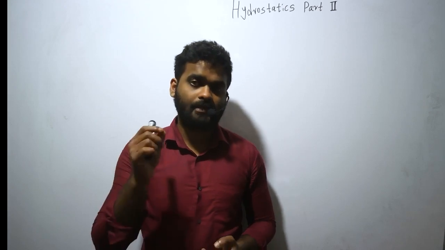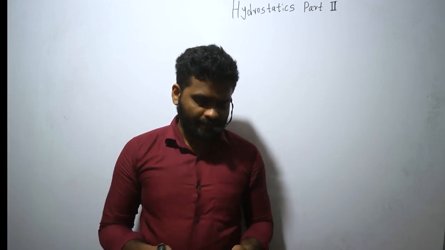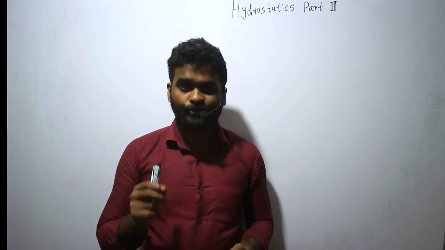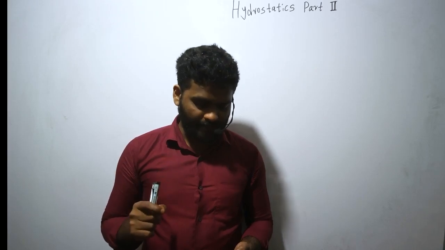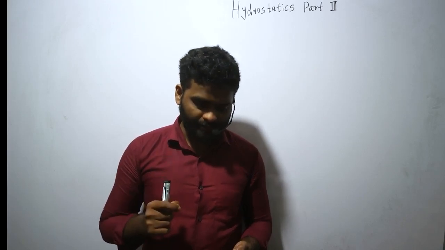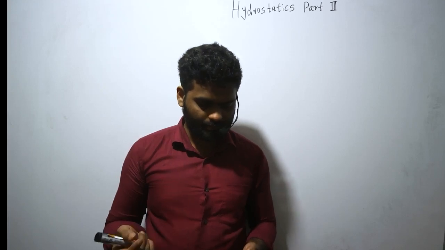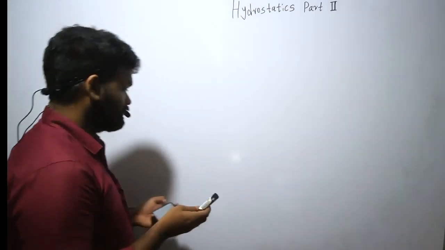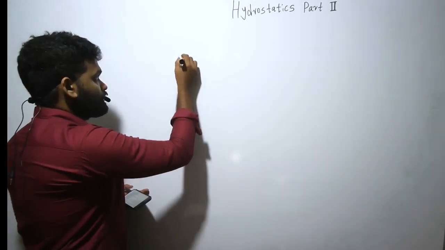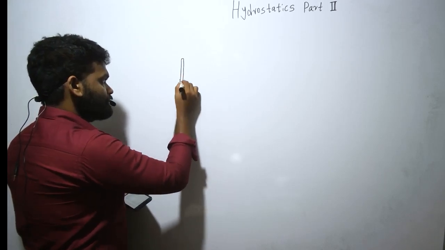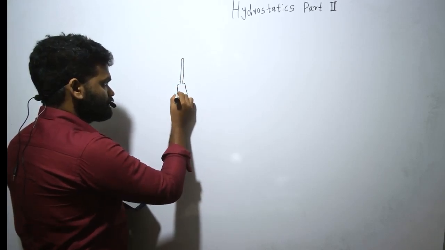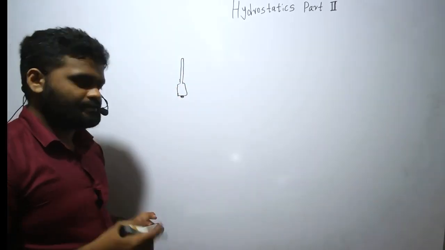Right. 12th question. Consider the expressions about a hydrometer. Upthrust is higher when it floats on salty water than on just water. Let's consider the first expression. Let's say you have this hydrometer.